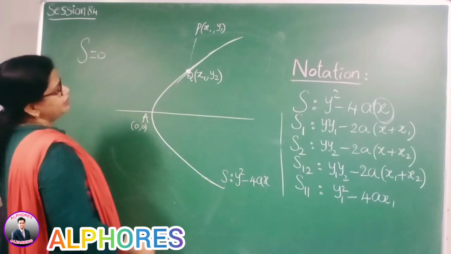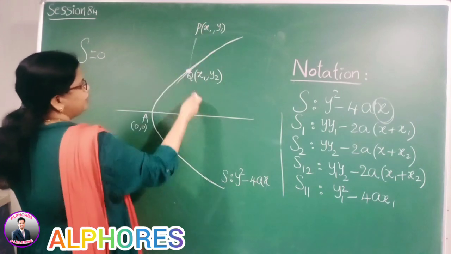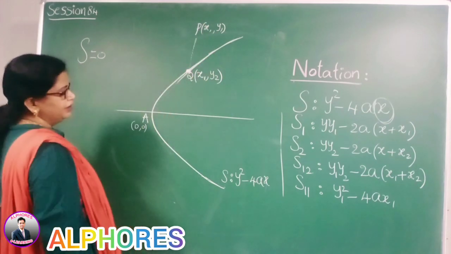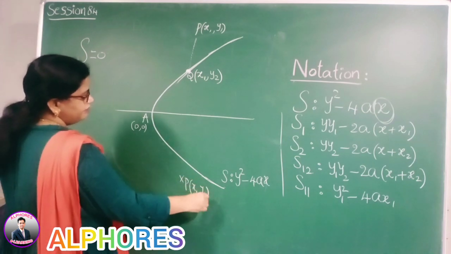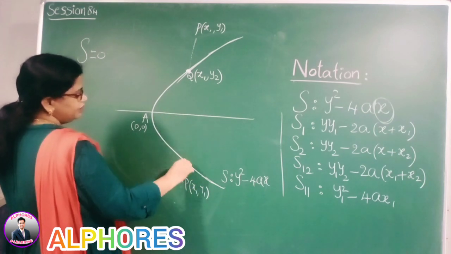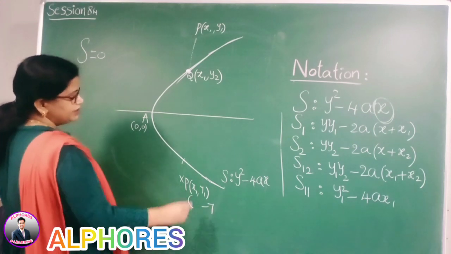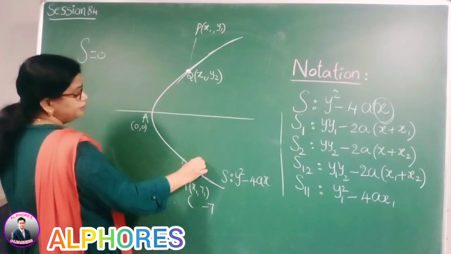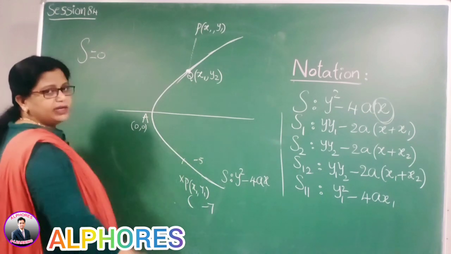So how are the ordinates here? y1, this total length, is more than this ordinate length. Suppose you may get a doubt, if P is falling here, okay, y1, and here suppose the Q value you got is minus 7, then this value is suppose minus 5, then we can't say this is more than or less than.